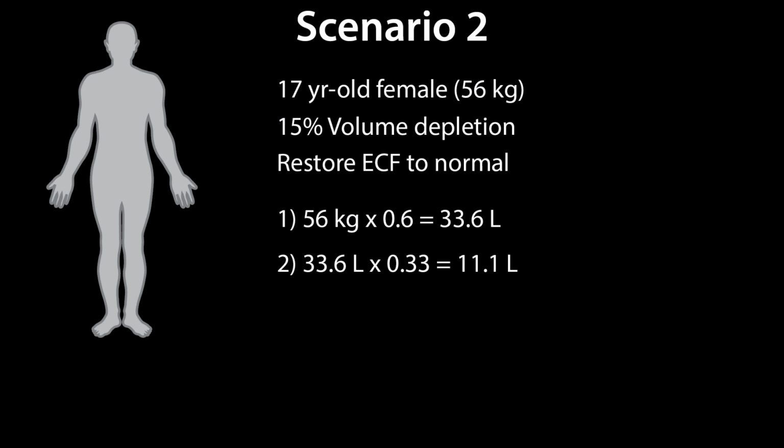Now, because this type of dehydration affects both the interstitial and plasma volumes, we need to restore the extracellular fluid, not just the patient's plasma volume, as we did in the previous case. So, 11.1 liters times 15% equals 1.7 liters, which is what is required to return this patient's extracellular fluid volume to normal.